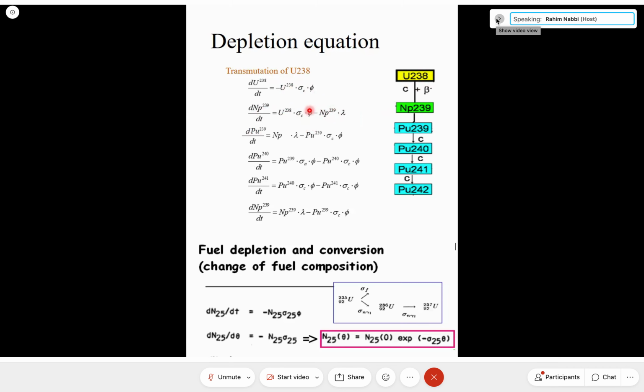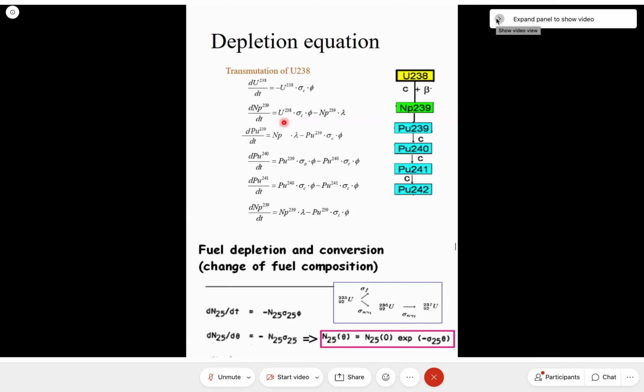So now you see very clearly, this differential equation is only solvable if we know the time function of uranium-238. Only in this case would we get a differential equation which is only for neptunium.